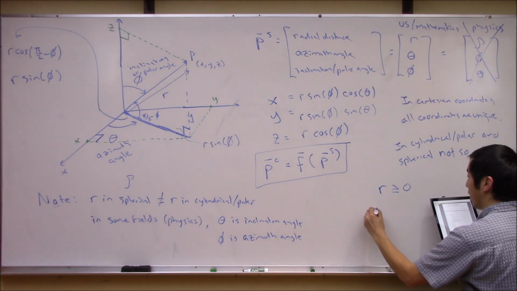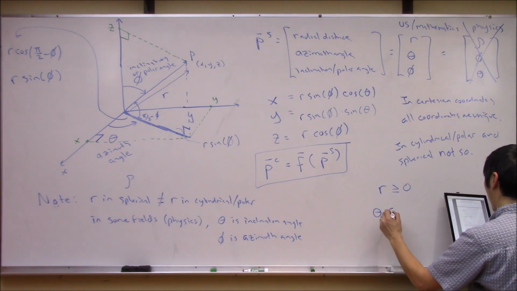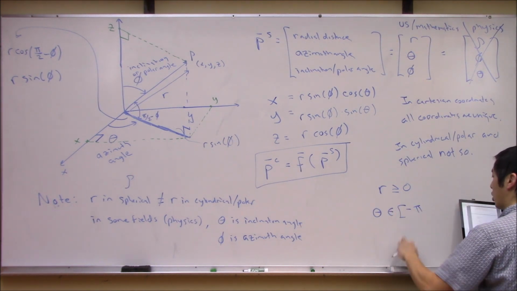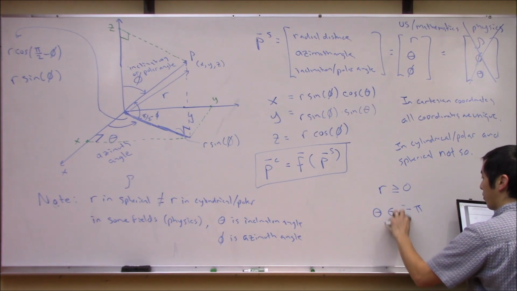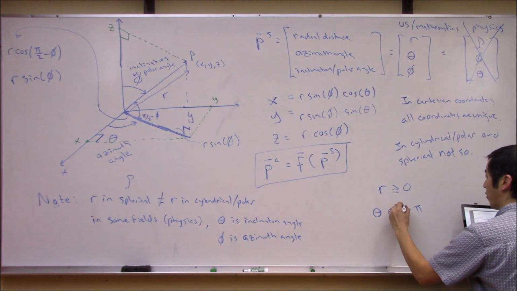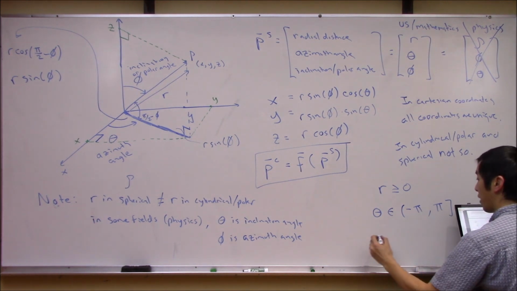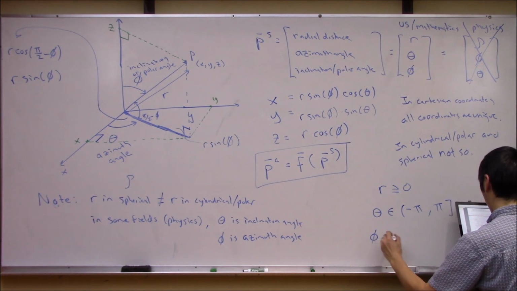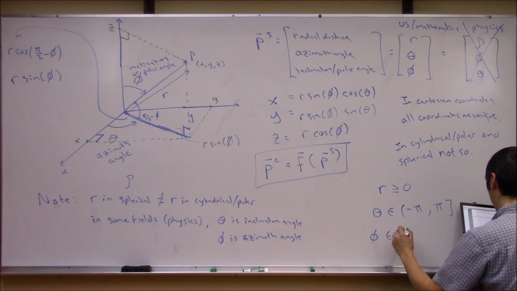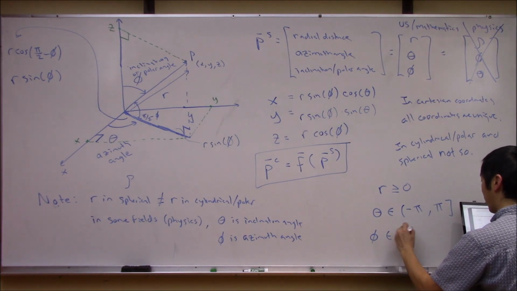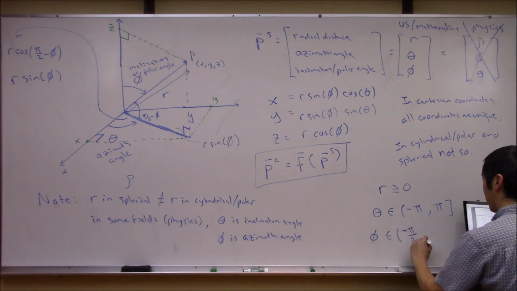And then theta is typically going to be restrained to the domain of, say, minus pi. And actually, we should be a little bit explicit, so let's make this not inclusive, up to pi inclusive, right? And then phi is going to be restrained to a similar thing, like minus pi over 2 to pi over 2.